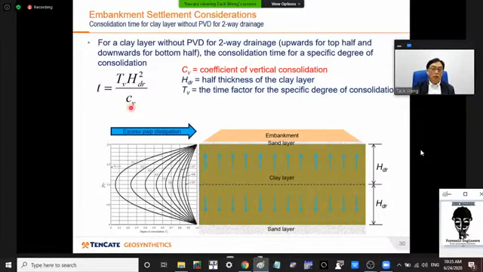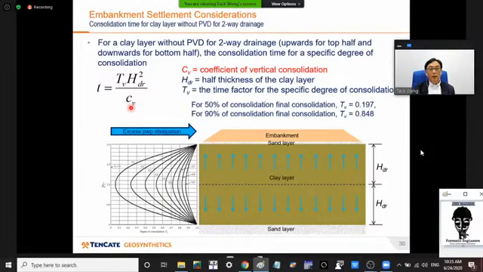If you know those parameters, you can use this equation to work out the time of the consolidation settlement. Tv is standard for 50% consolidation. Tv is 0.197. For 90% consolidation, Tv is 0.85.